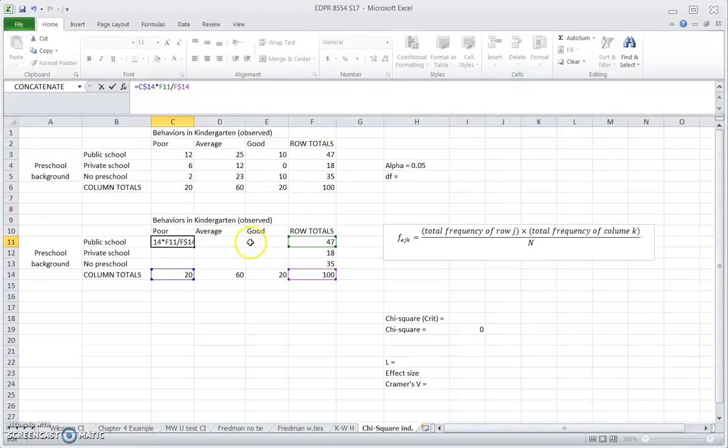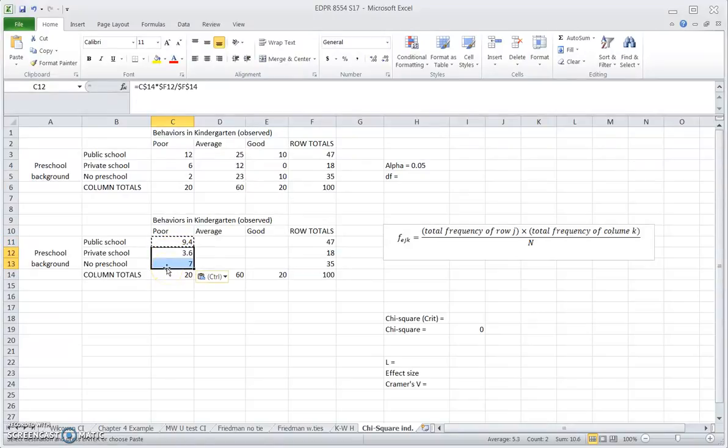Same deal when you copy and paste across columns: you always use the number from column F in your calculation. So I'm going to fix column F as well. This allows me to simply copy and paste for the other cells.